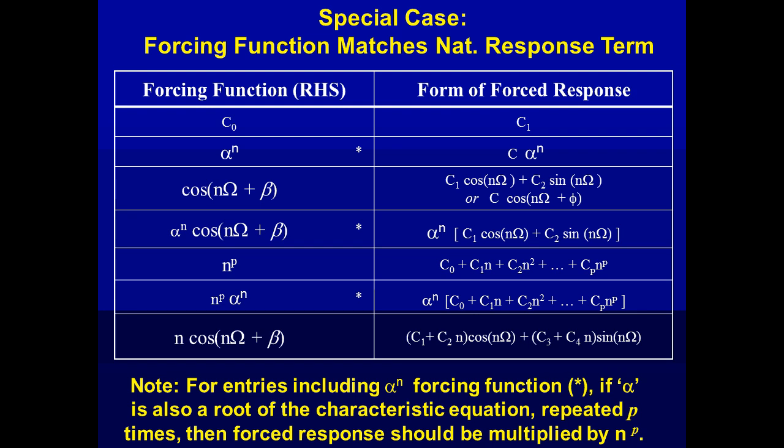normally we would just come in and say, well, fine, the forced response is some unknown c times minus 1/2 to the n u of n. But we also know from our previous solution that the natural response has the form k times minus 1/2 to the n, which matches up.